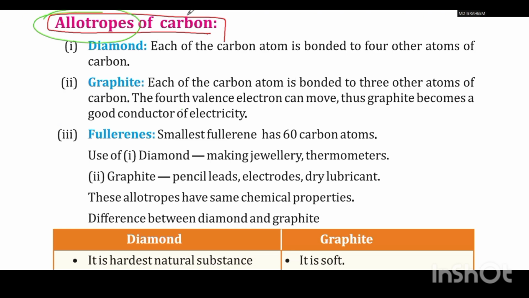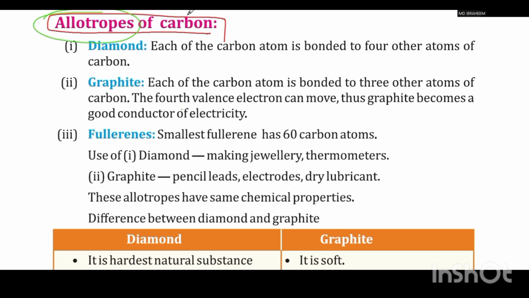If you are watching online, you can write the definition in the comment section. Allotropes are the different forms of the same element having the same chemical and different physical properties.